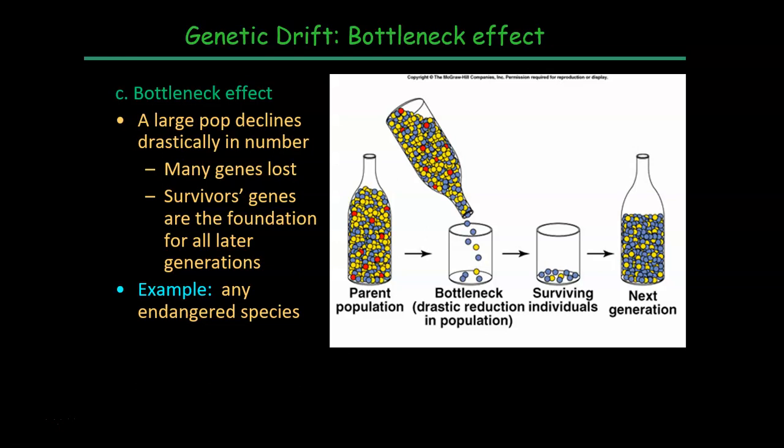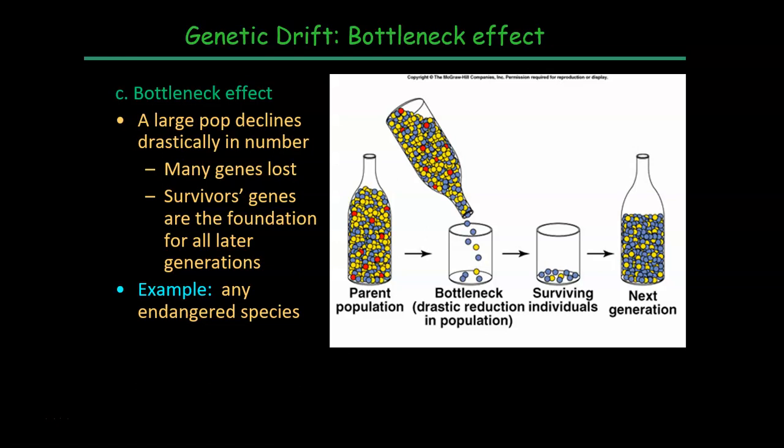But in the new population, you only have genes that were present in those 50 individuals that survived. So you've lost a lot of the genetic diversity that was in the original population of 1,000 individuals. The population has gone from big to small and then back to big again. And that's what we call the bottleneck effect. It's illustrated here with these beads.